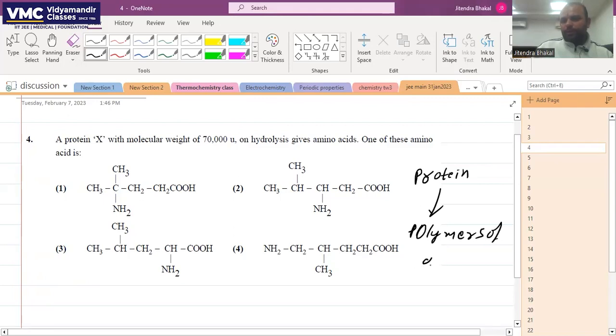So when we do the hydrolysis, this polymer will break and will give alpha amino acids. Out of these, only the third one is an alpha amino acid. So COOH, at its alpha position, the NH2 group is attached. So option 3 is the answer for this question.